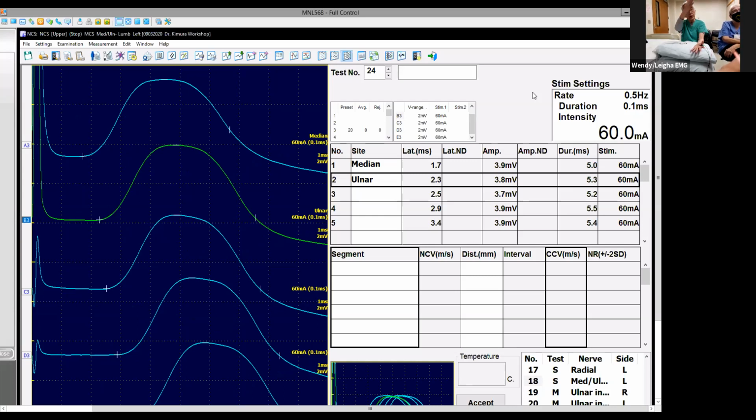See, this is changing linearly, and again, this is used if you have Guyon's canal compression, then there will be a jump between the successive consecutive responses. Maybe I can even try that. Let's try. Okay, store those, and then we go to the next one.